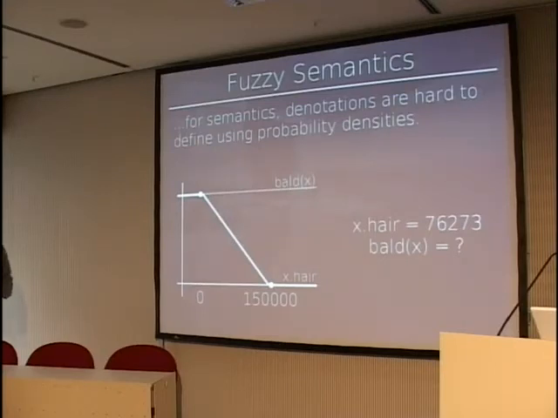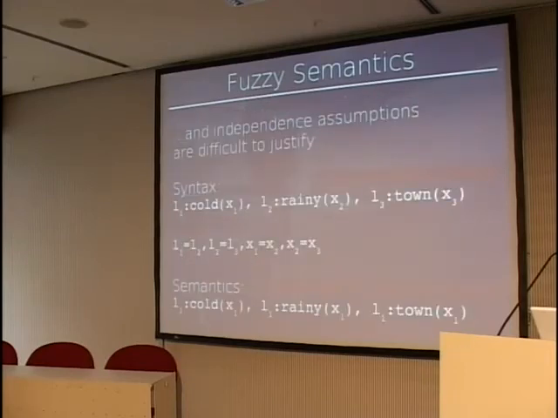You will maybe never have observed a person with exactly that many hairs, and therefore, probabilistically, you can't say whether that person is bald or not. So what's, of course, done in probability theory is that you define confidence intervals and look at probabilities of something to lie in a confidence interval and stuff like that. But it doesn't really make sense for fuzzy semantics because how would you define those confidence intervals?